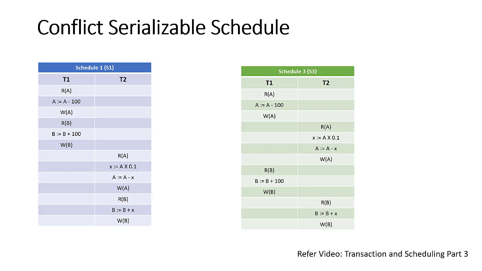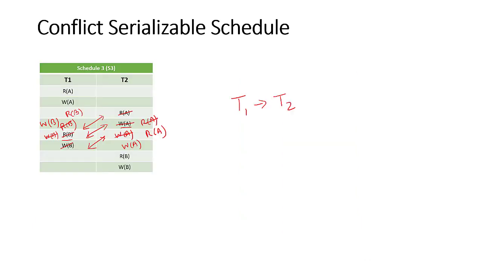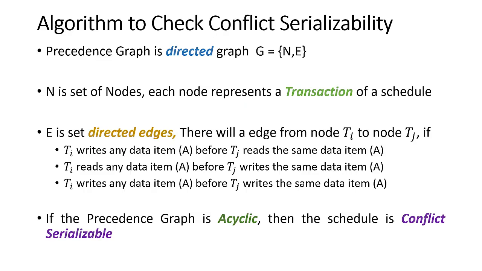Now, is there any algorithm to check whether a non-serial schedule is conflict serializable or not? There is an algorithm, and the algorithm uses the precedence graph. What is a precedence graph? It is basically a directed graph represented by G, which is a set of N and E, where N are the nodes that represent each and every transaction.